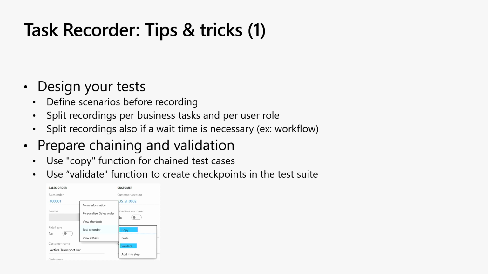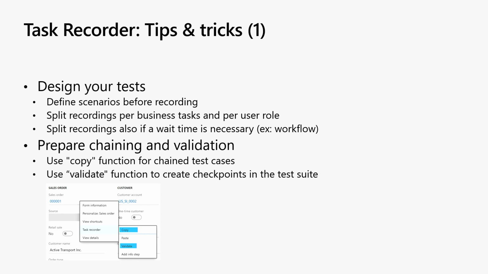Because our advice is to split your recordings, we are providing you a way to chain your tests together. To reach that target, you should use the copy function. This copy function is a way for you to save a variable of a field.